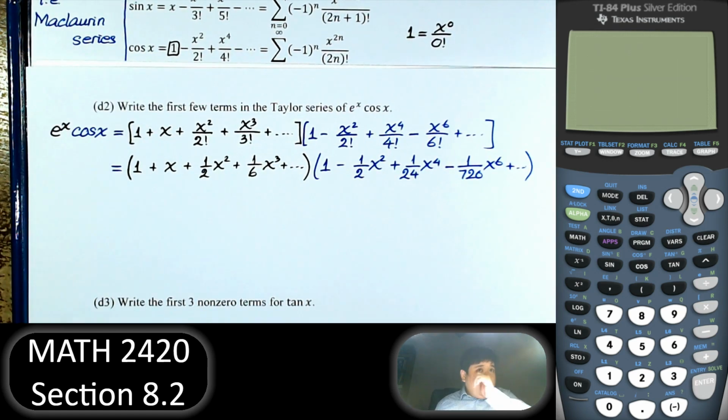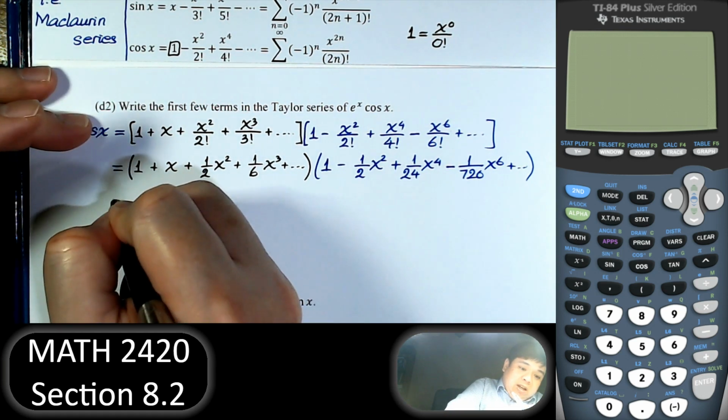Now just multiply. Of course, when we multiply, we combine like terms. However, we should combine like terms at the same time.